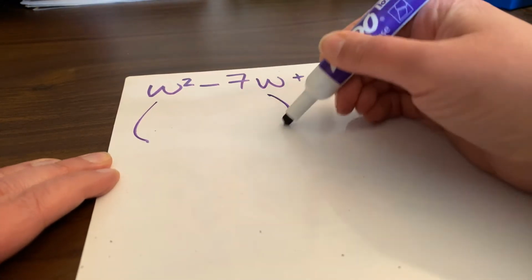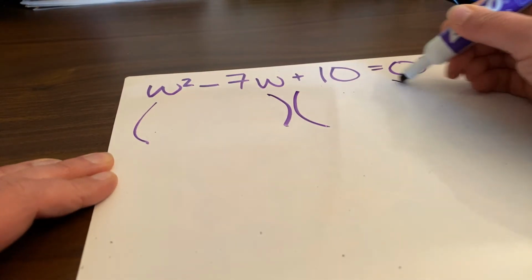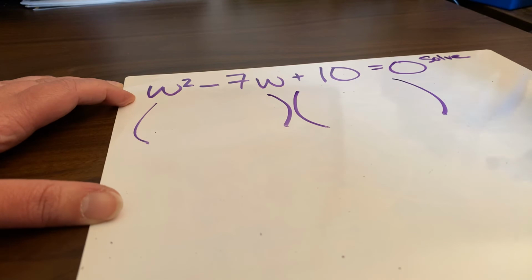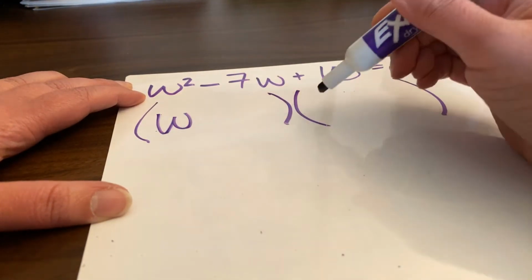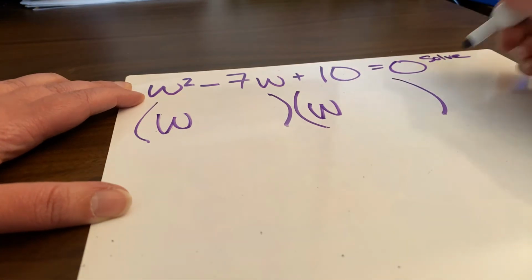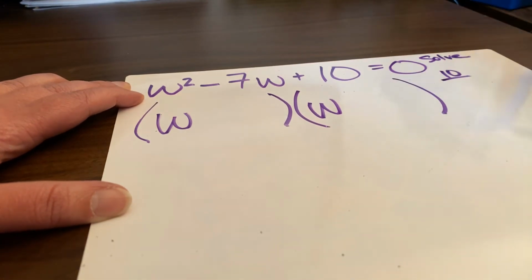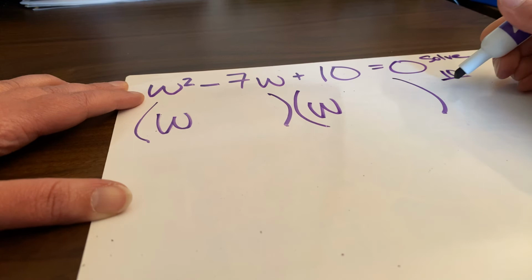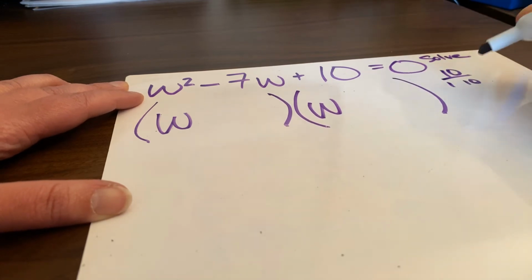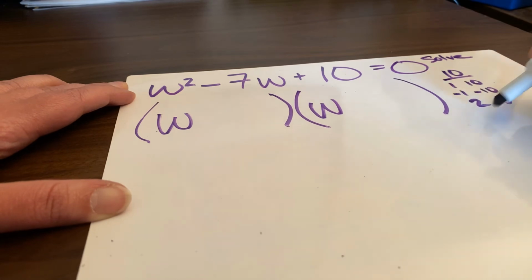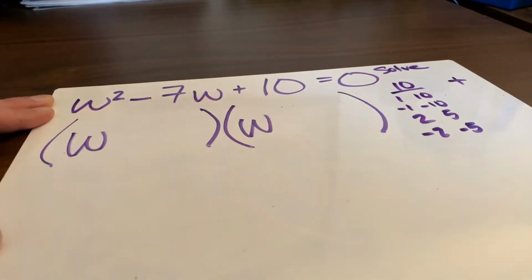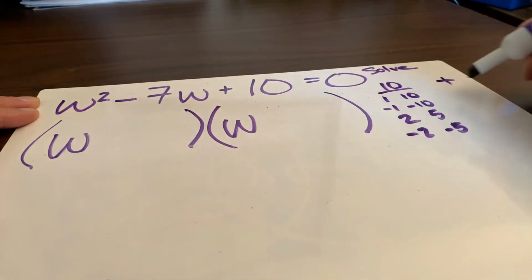So we need to factor it like we have been doing. What things multiply to w squared? That would be w and w. And then what things multiply to 10? 1 and 10, negative 1, negative 10, 2, 5, negative 2, negative 5. What do these add up to?